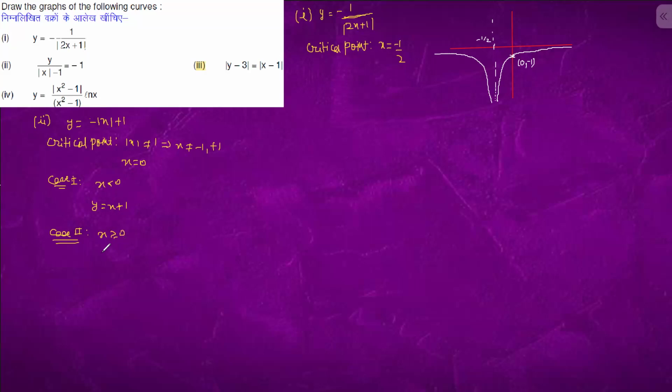It will come out to be y equals to minus x plus 1. And x equals to 1 is not defined. Okay, so first we'll go to the coordinate axis and see what is happening there.